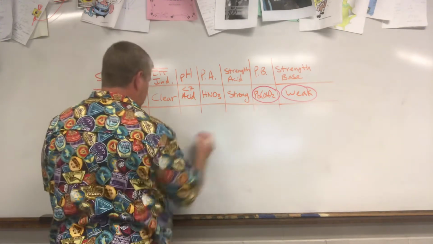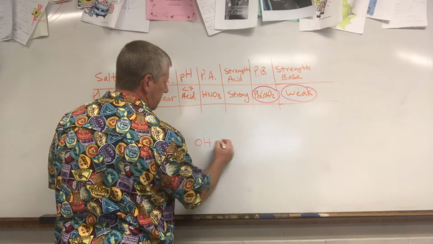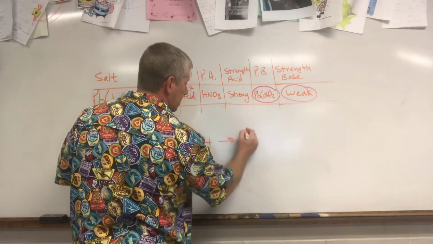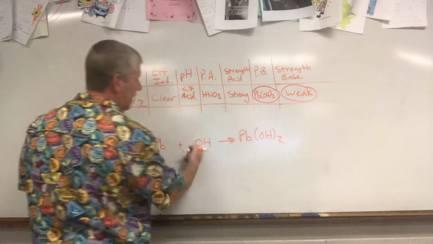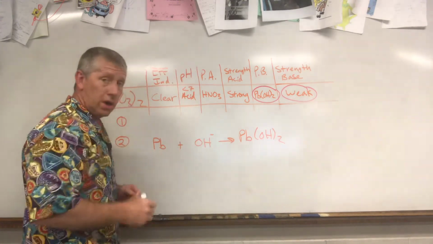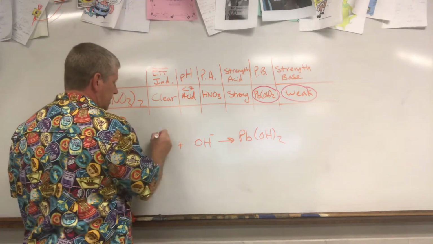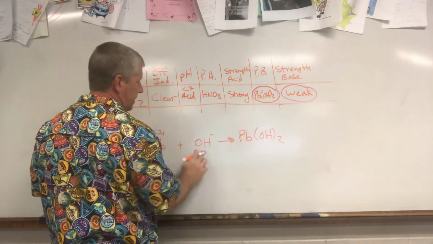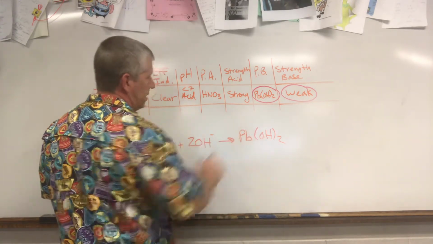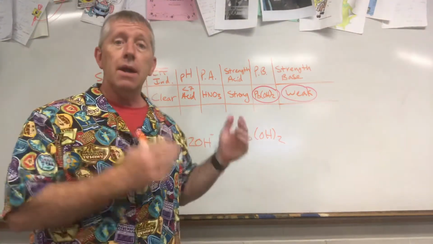So lead plus hydroxide would make my lead hydroxide. Now the hydroxide has a -1 charge, hence the ionic equation. Lead has a +2 charge, but you have to have 2 of the hydroxides because of the -1 in order to make your lead hydroxide.